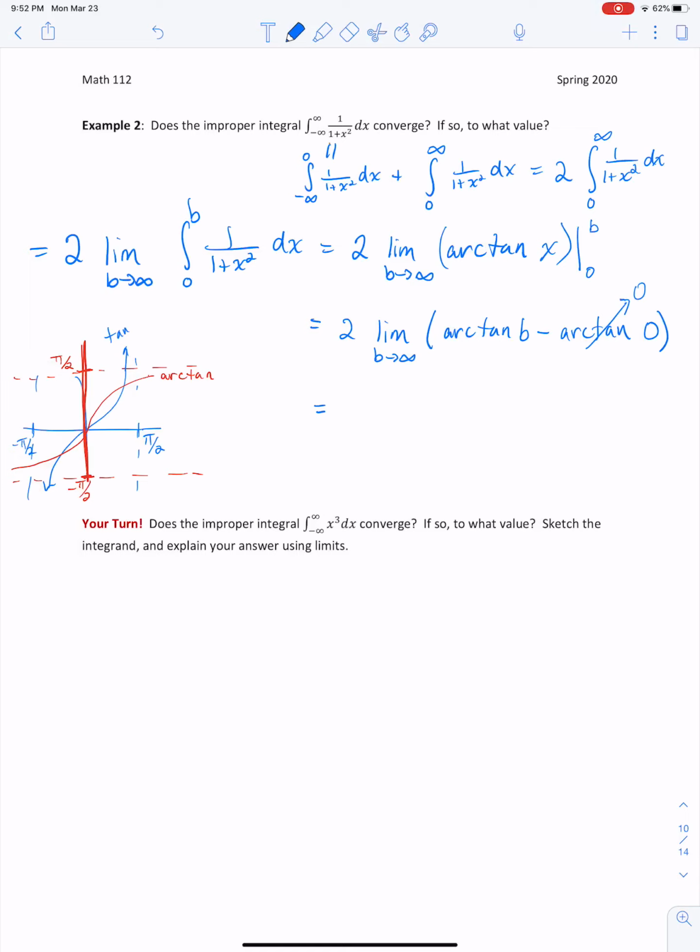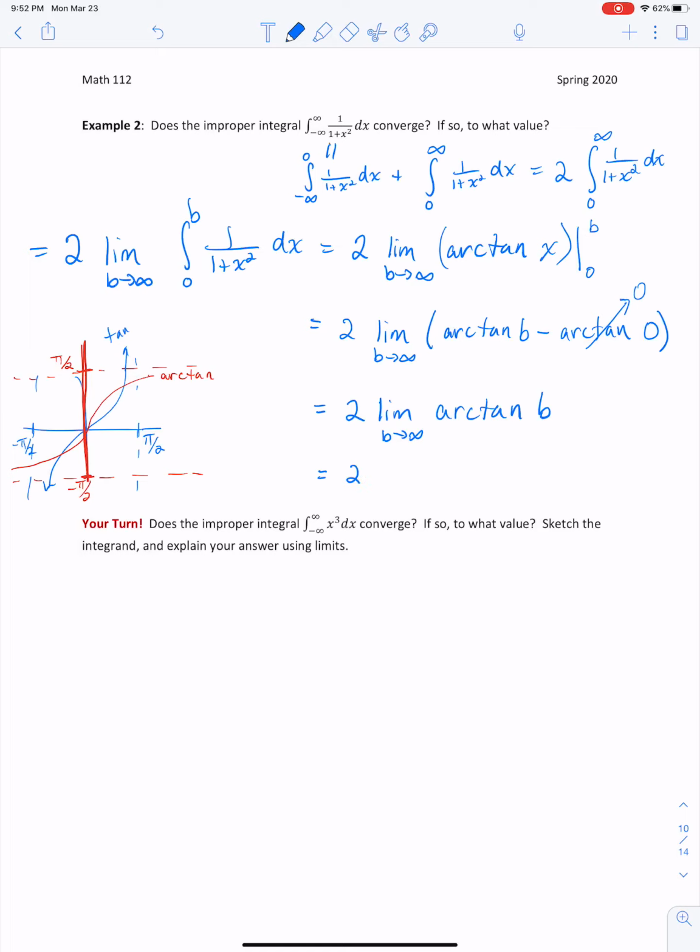And so this becomes 2 times the limit as b goes to infinity of arctangent of b. And you can see from this graph that as you go further and further out to the right, the graph of arctangent is getting closer and closer to pi over 2.